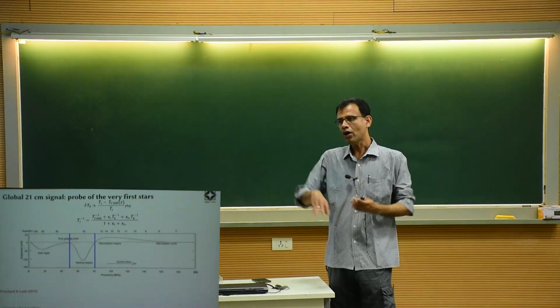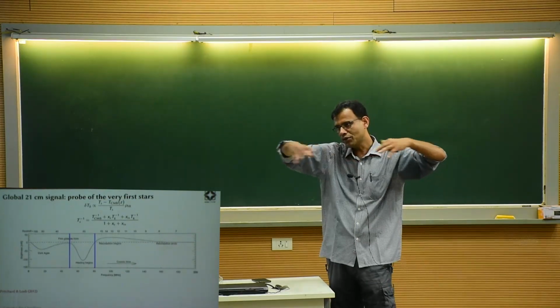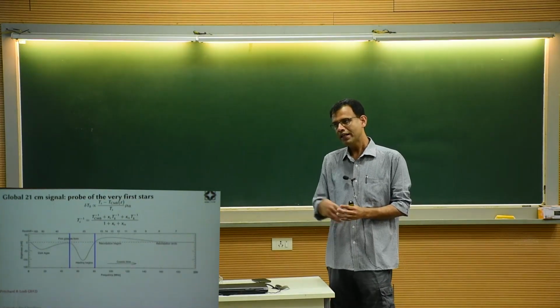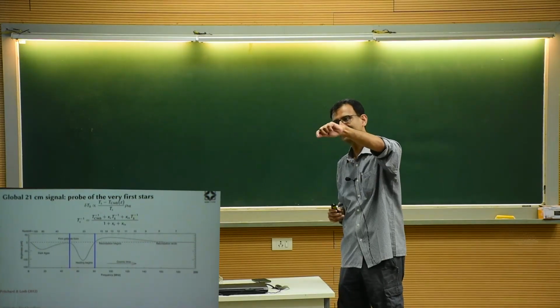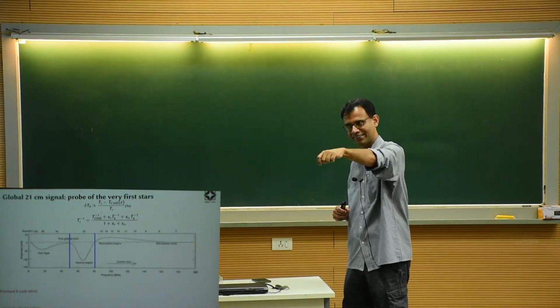Now, if the distribution was completely random, then I would theoretically be able to calculate how many galaxies I expect to find at a distance.